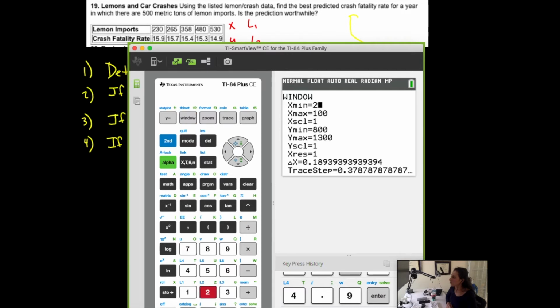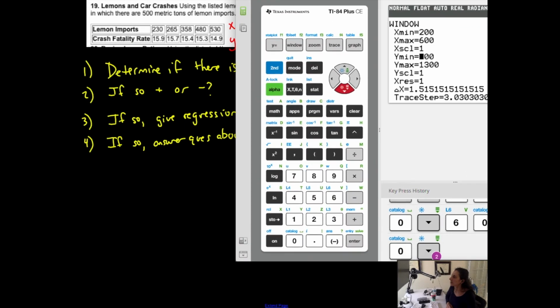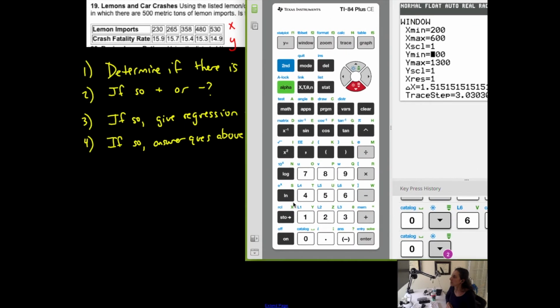So I'm going to go 200 on my X min, and then a little bit past my max, so 600, so that everything is represented. And on my Y's, it's all in the 15s. I'm going to make my min 14 and my Y max 16. Let's see what that looks like.